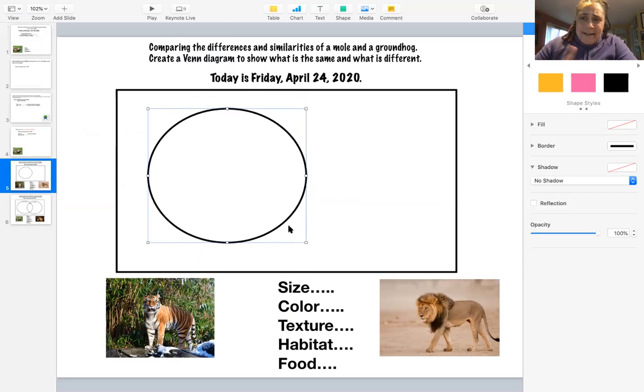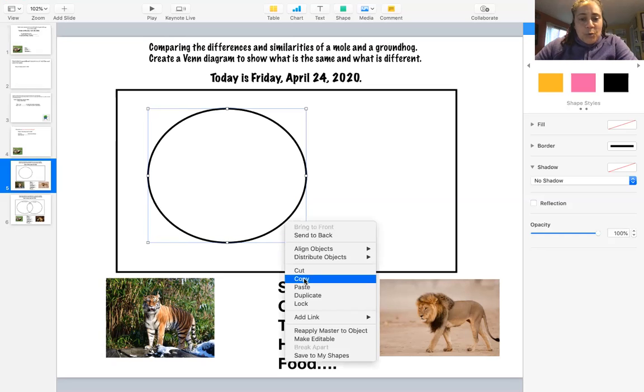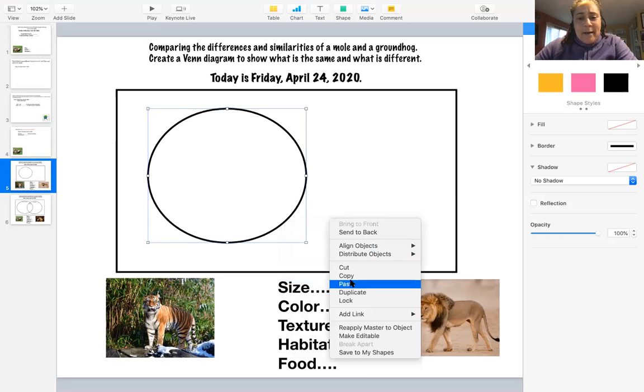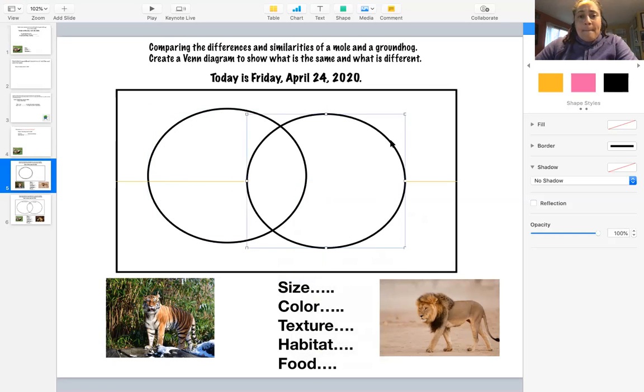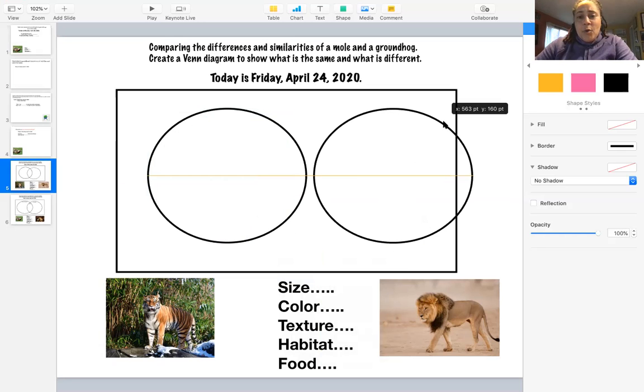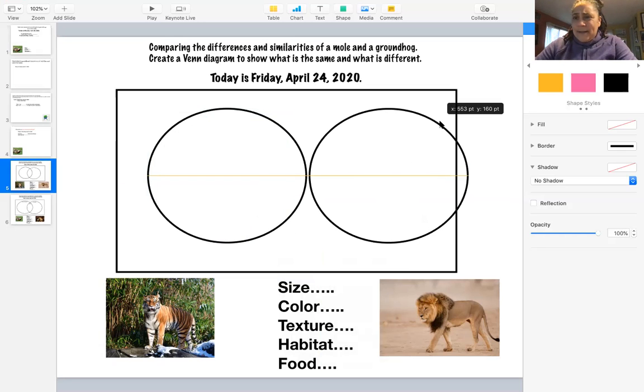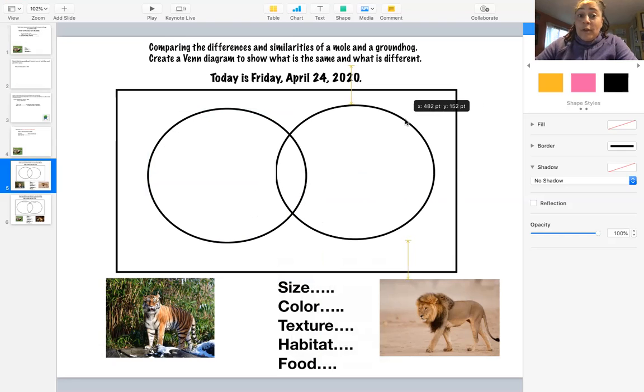Then I need to put another circle if I'm going to make a Venn diagram. So what I do is I cut, copy, and paste it, and there we go. But I don't want these circles right next to each other, side by side. I want them to overlap.